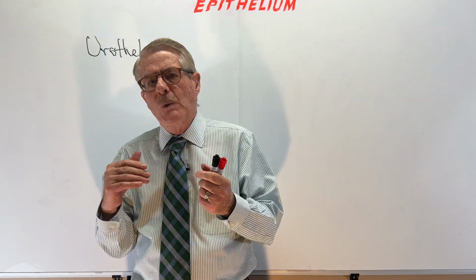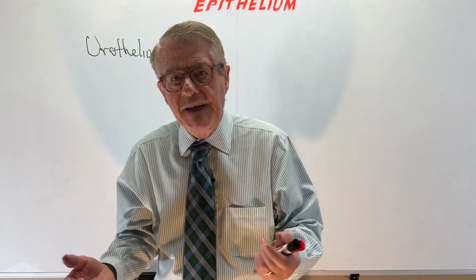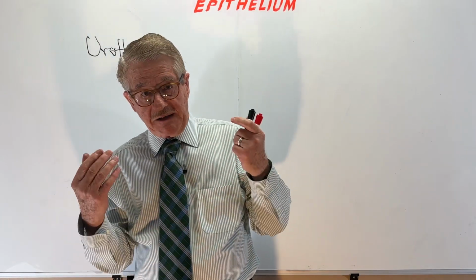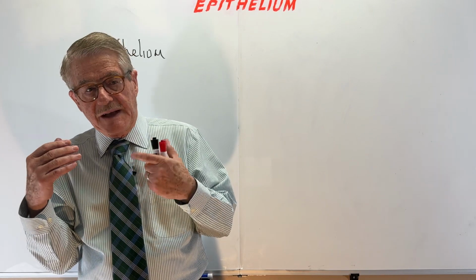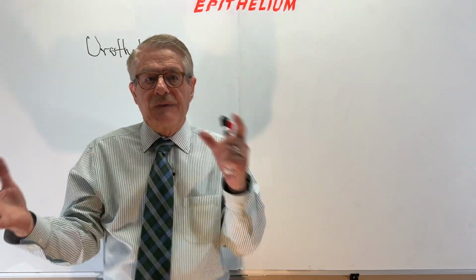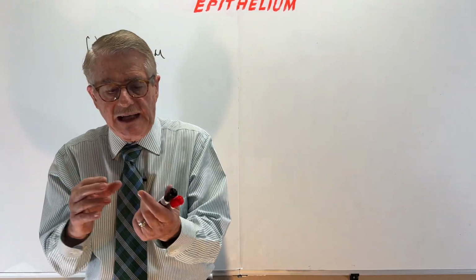So the cells we need to have a stratified epithelium. The question is, is it going to be a stratified cuboidal or stratified squamous? Well, it's kind of in between.